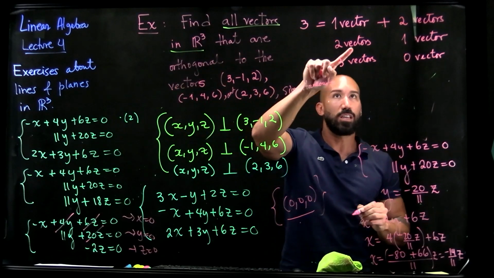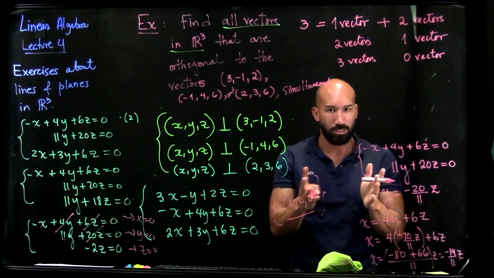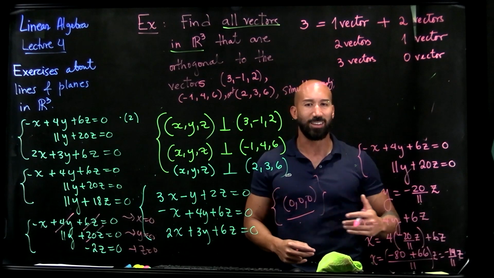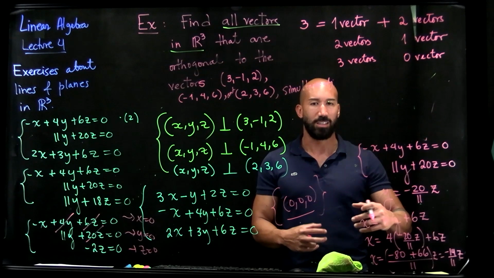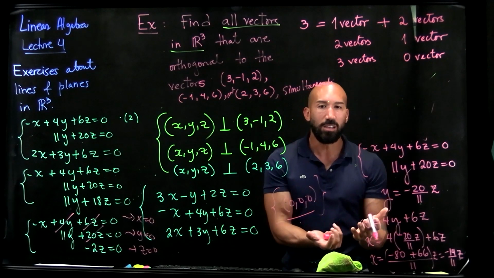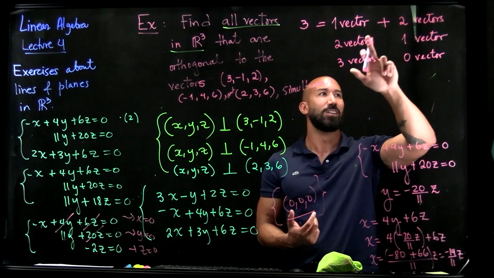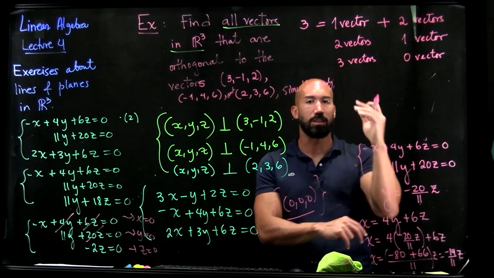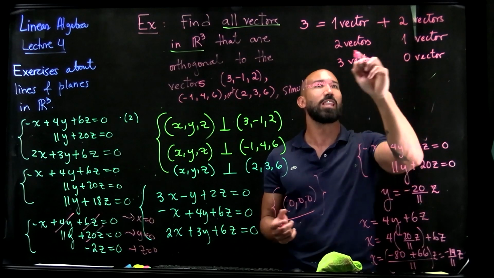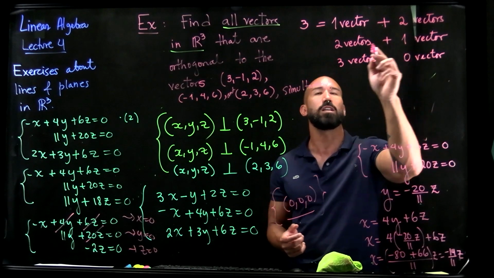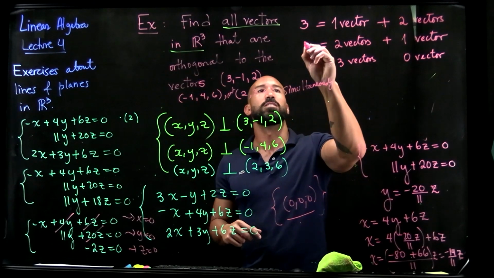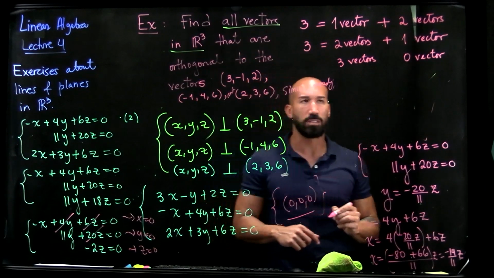If I give you 2 vectors that are non-parallel, these 2 vectors generate a plane. Is that okay? Using them as parallel information again. And a plane has dimension 2. So the linear object that is orthogonal to a plane in R3 is going to be a line. So the dimension of that plane plus the dimension of that line again is giving us the dimension of the ambient space.